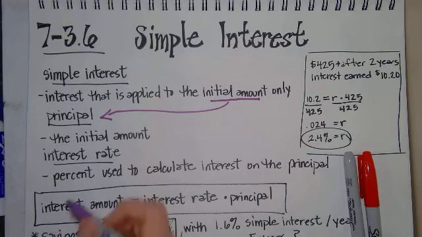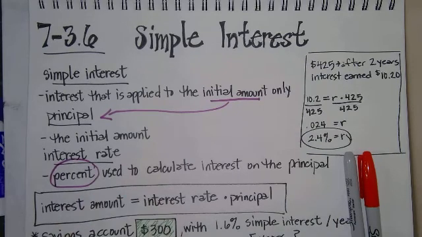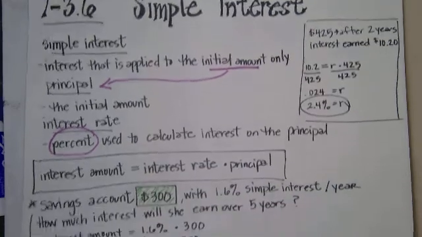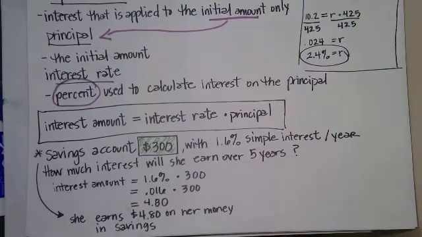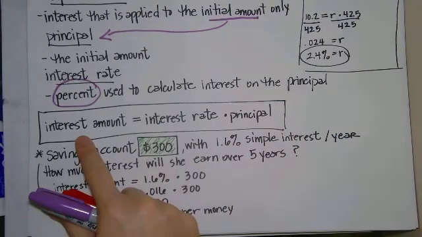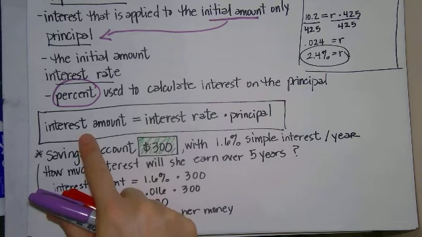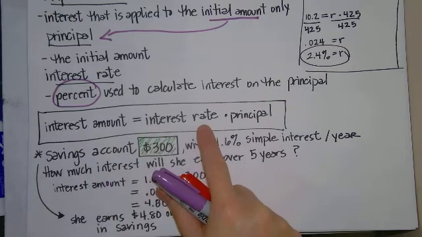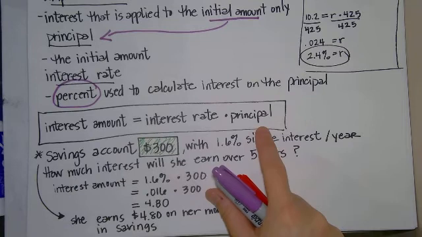It's always a percent value, and it's used to calculate the interest that's applied to the principal. So it's going to make the most sense for us to do some problems. The interest amount is the interest on the principal, so you're going to take the interest rate times the principal.